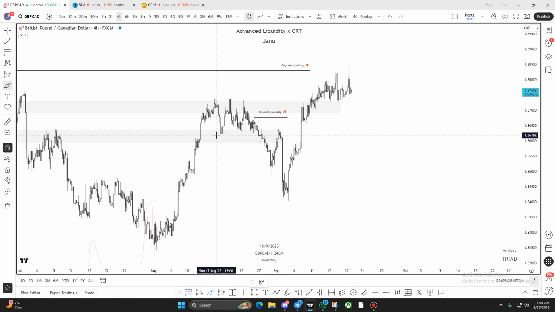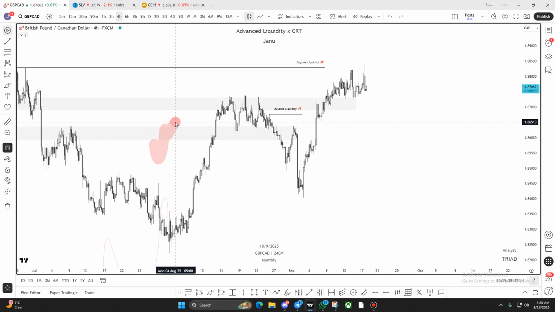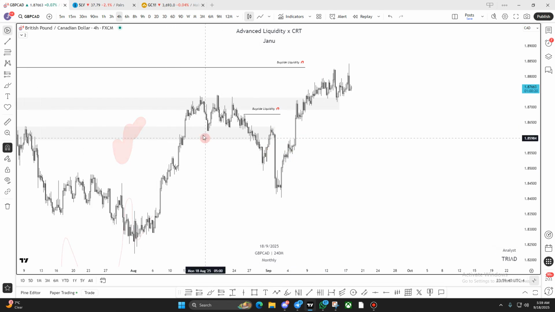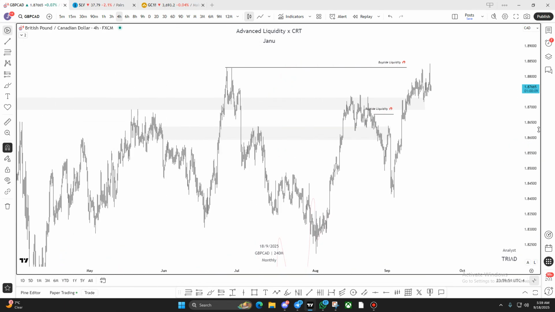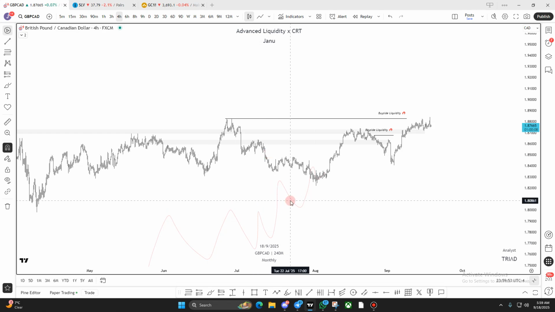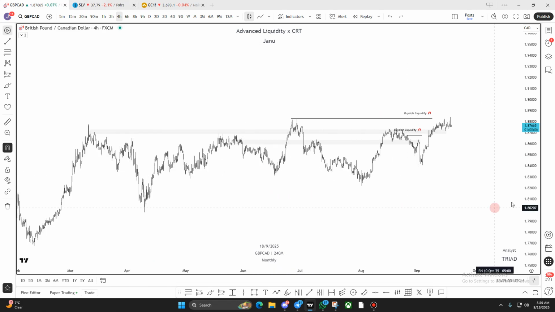So then maybe after we've taken out this low, I would look for a turtle soup entry. Let me actually use this thing. So take out this low and then do the aggressive move towards the buy side, not necessarily waiting for it to return to discount. Because why? Because we are not in expansion price at the moment.